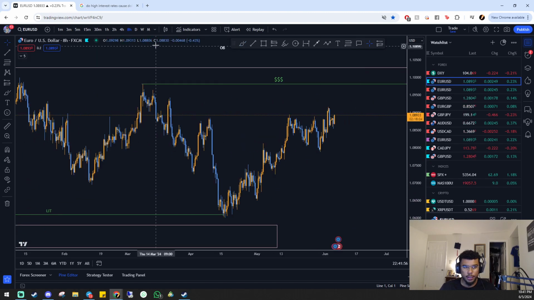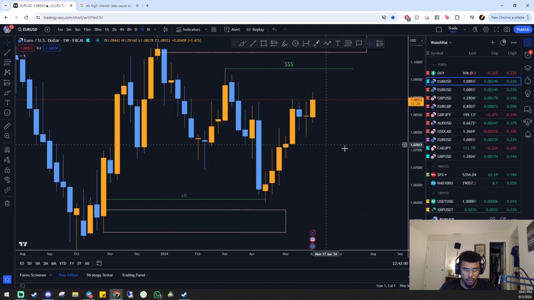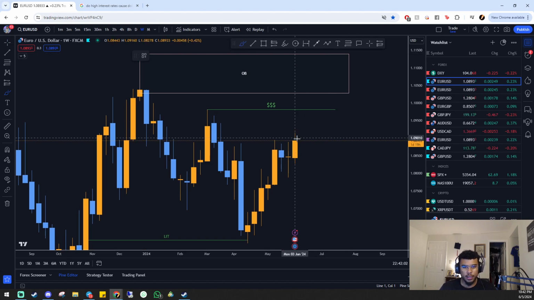What I am gonna say is that I'm not 100% sure again, but I would love to see prices start to inch up towards this area of liquidity. This high has been resting here. This is almost a double top, right?